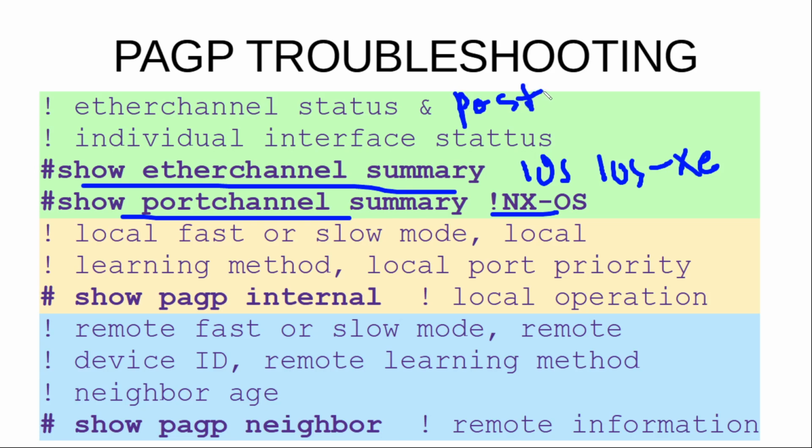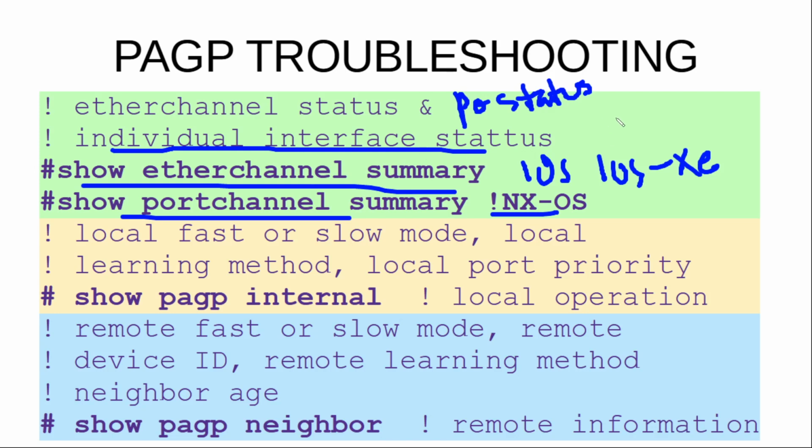Remember that your port channel is the logical interface that corresponds to your EtherChannel. And this command will also give you the status of every single individual interface that belongs to your EtherChannel. So you will have a status for your virtual interface port channel and a status for your individual interfaces.